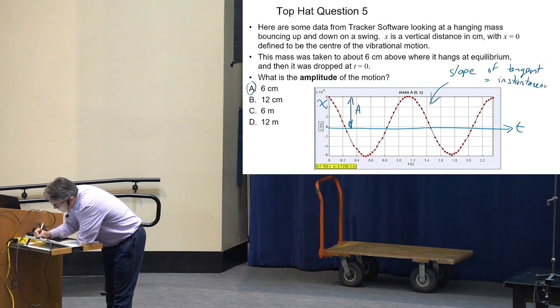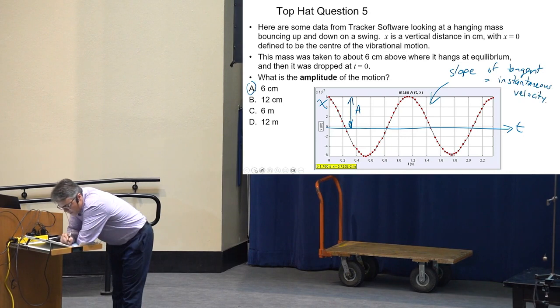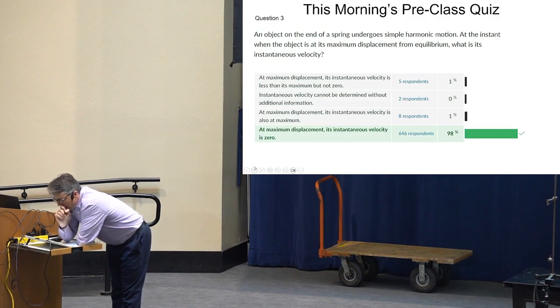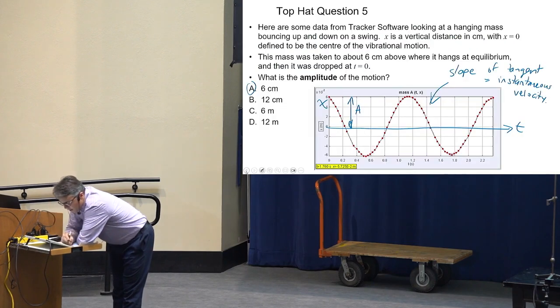You guys remember that? So the question on this morning's quiz was, at the instant when the object is at its maximum displacement from equilibrium, what is its instantaneous velocity? Well, that would be like here, you'd have a slope. So this is v is equal to 0 right there.